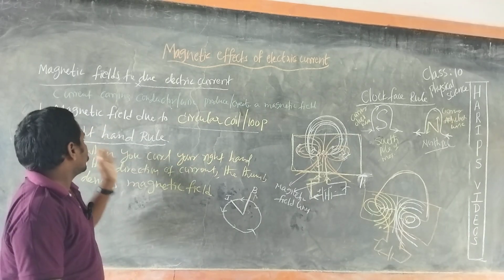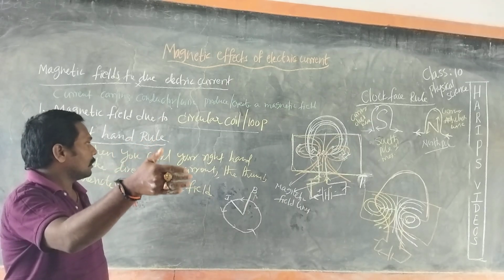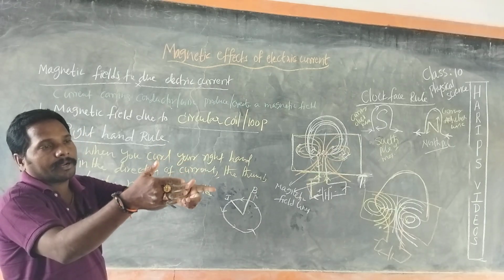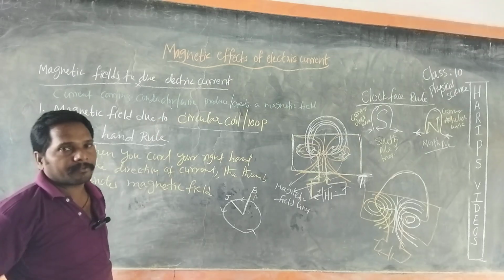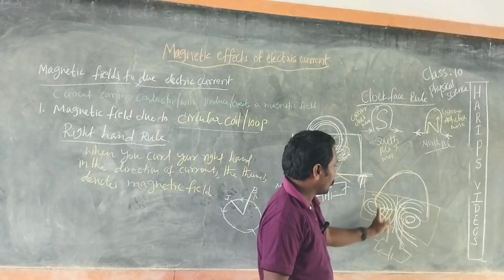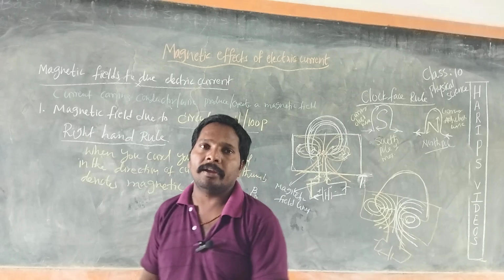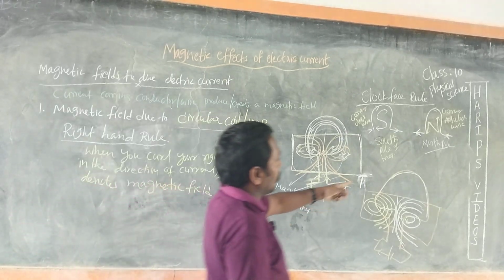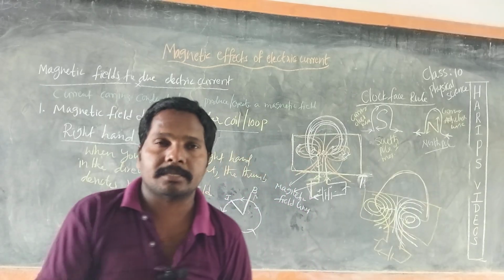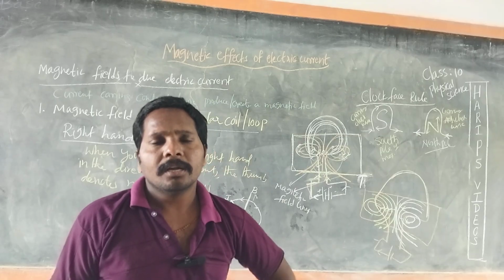So finally, the magnetic field due to a circular loop or circular coil we explain with the right hand rule. The curled fingers denote the direction of current, and the thumb denotes the magnetic field. So for a single circular coil, the strength of this magnetic field depends on the number of turns in the circular coil and the radius of the circular coil.